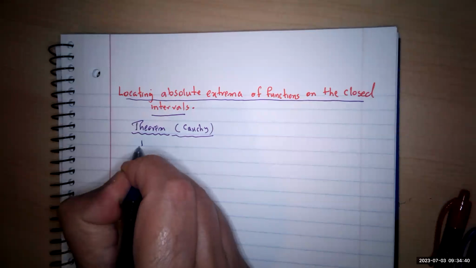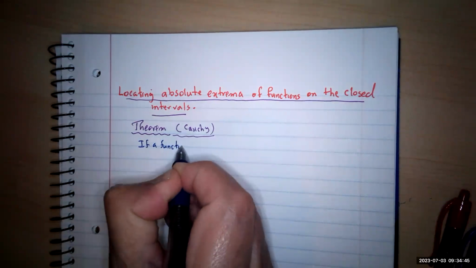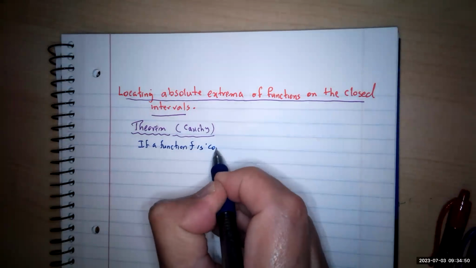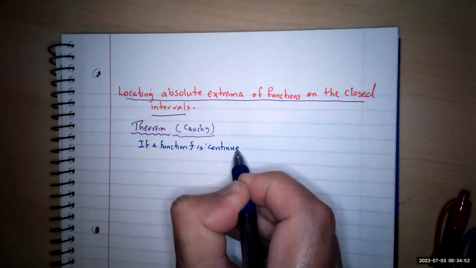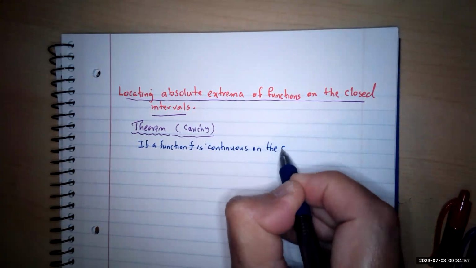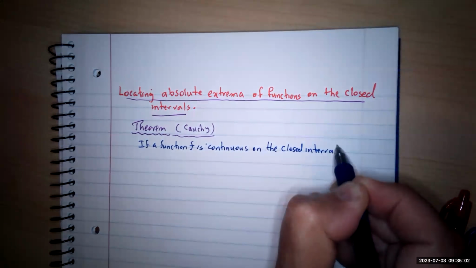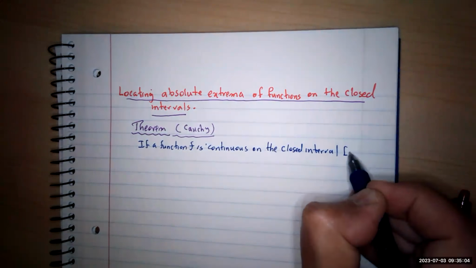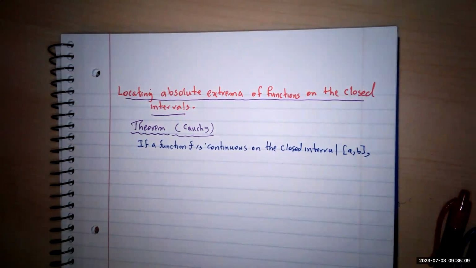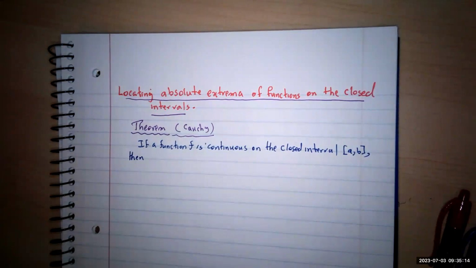If a function f is continuous, it must be a continuous function, on the closed interval, let's say [a, b], it must be a closed interval for this theorem. Then there is a guarantee that you get one maximum, one minimum.